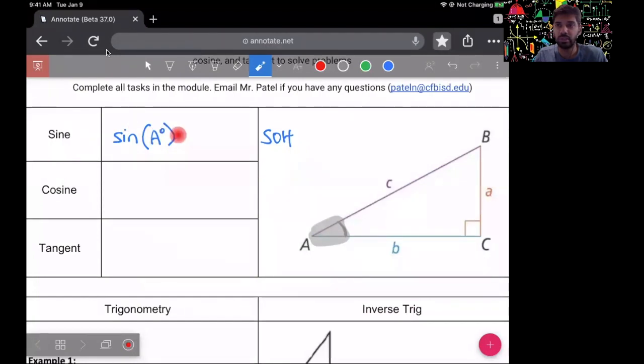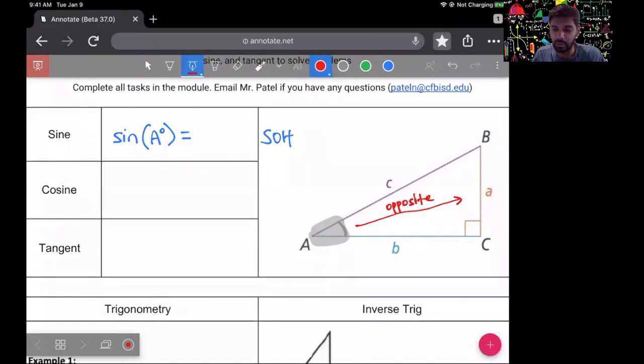SOH means opposite over hypotenuse. With respect to angle A, O would be the opposite, so I'm going to draw an arrow and say that's the opposite. The hypotenuse is this long side right here.